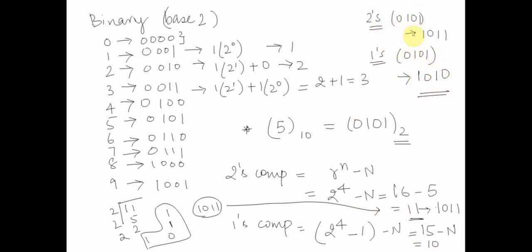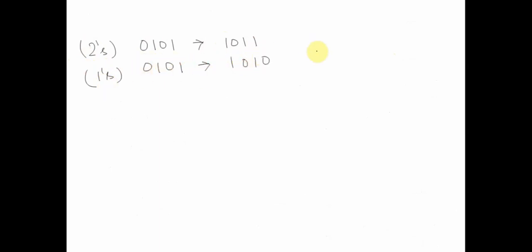Do you see some relation between this? Okay, so let me get a new file for this one, and before we dive deeper, right? So what we saw is 2's complement of 0101 is nothing but 1011. 1's complement of 0101 is nothing but 1010.